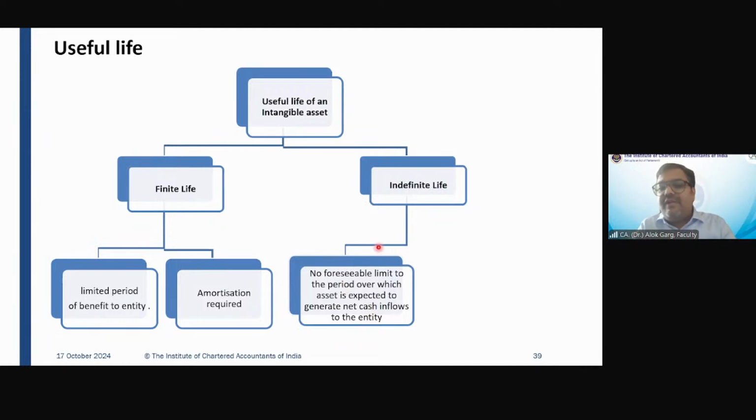So indefinite life means no foreseeable limit to the period over which the asset is expected to generate future economic benefit. आपको नहीं पता 20 साल भी हो सकता है, 50 साल भी हो सकता है. So if amortization cannot happen, then what to do? Do I need to do something to check? Am I carrying the right value in my balance sheet?